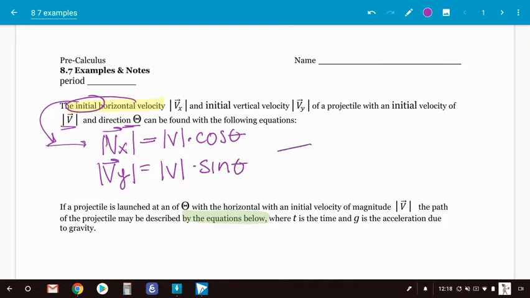This is no different than what we've already done. So this is exactly the same where you take 38 miles per hour times cosine of 7 to get the initial horizontal and vertical velocities, okay?